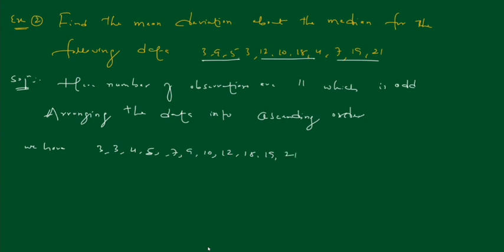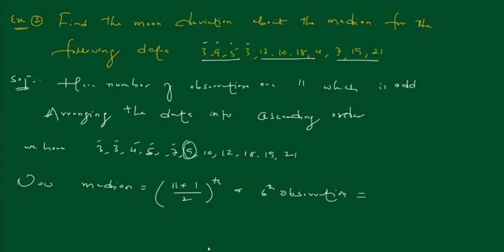Now you already know how to find the median, which is equal to the (11 plus 1) by 2th term. 11 plus 1 is 12 by 2, it is 6. The 6th observation is our median. 1, 2, 3, 4, 5, 6. 9 is our median.